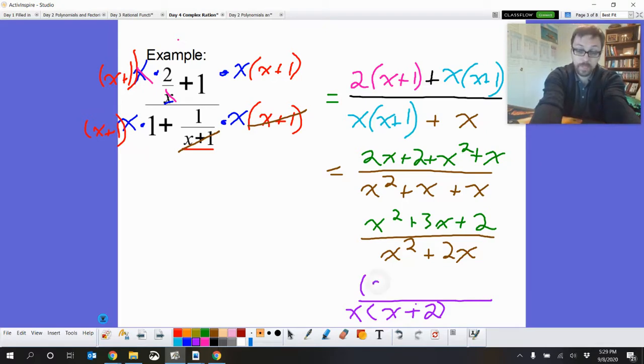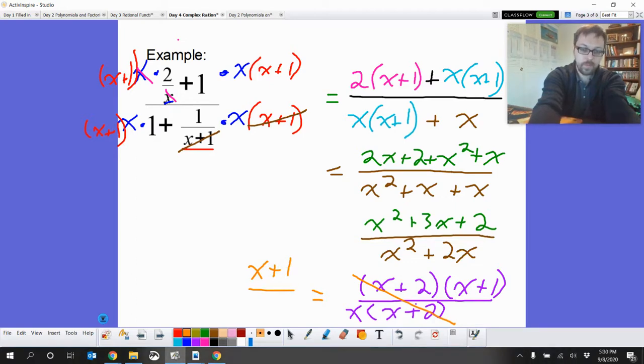Oh, 2 and 1. x plus 2 and x plus 1. Oh, cool! Look, these two cancel each other out. So we're left with x plus 1 over x, and that is our fully simplified answer.